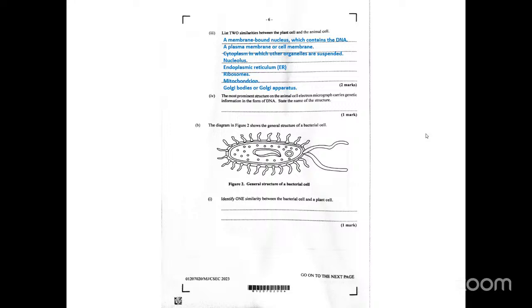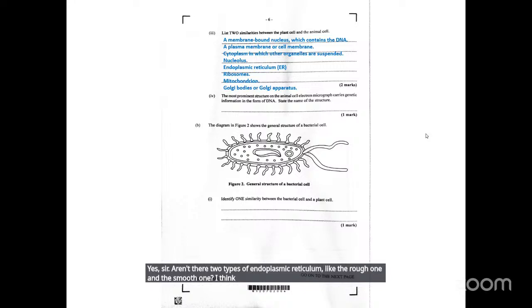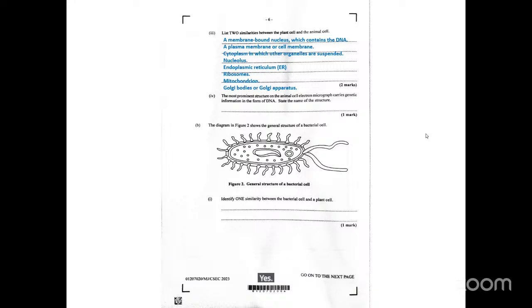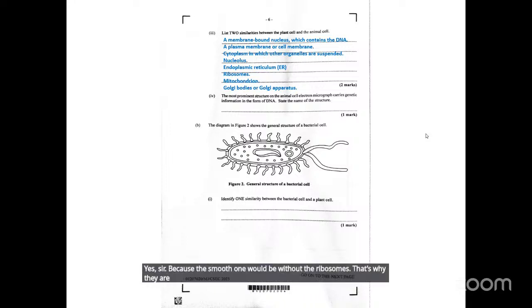Aren't there two types of endoplasmic reticulum, like the rough one and the smooth one? I think one transports protein and the other transports lipids or phospholipids. Yes, sir. But the smooth one would be without the ribosomes. That's why they are called smooth endoplasmic reticulum.